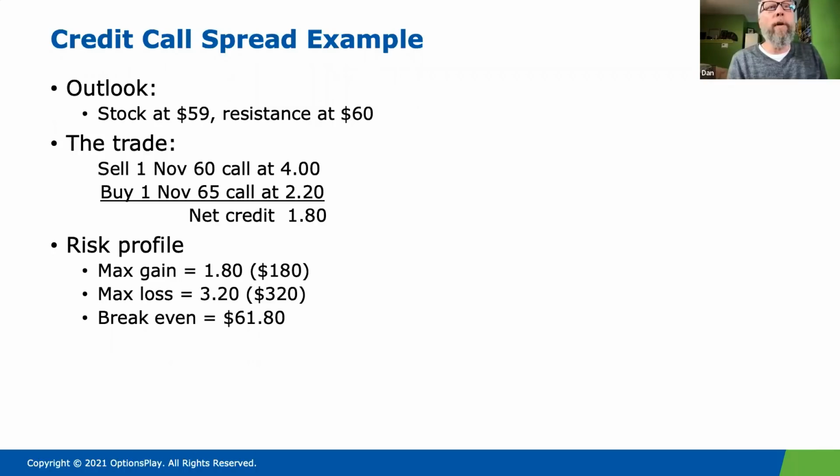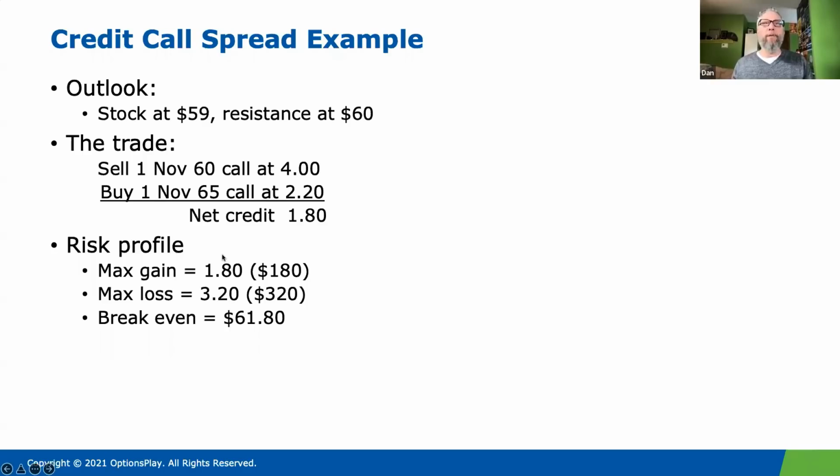So a couple of really important things here. I told you before that it's very important to understand your maximum potential profit and your maximum potential loss. The maximum profit, the most that can be made by trading this spread, is $180, or $1.80 per share. Why is that? Let's think about it.